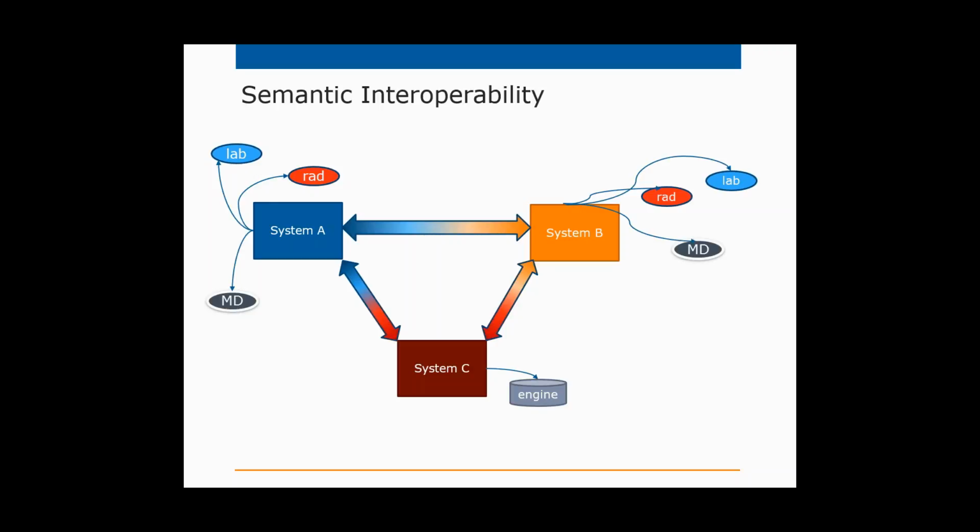And then you have system B, might be going to the same exact lab or RAD or ambulatory provider office. And similarly, even though system C has this little engine here, they're doing the same thing, and they're just feeding it from their engine rather than directly from their EMR. And so these are all different things that you might see happening.